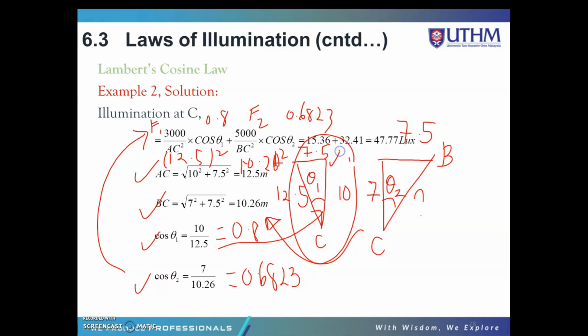Totaling the illumination from AC and BC, the total illumination at point C is 47.77 lux.